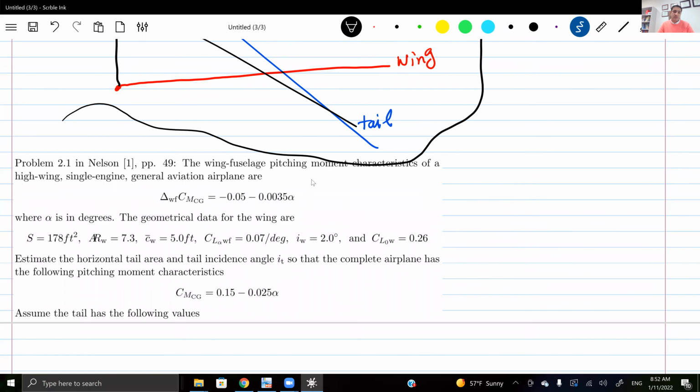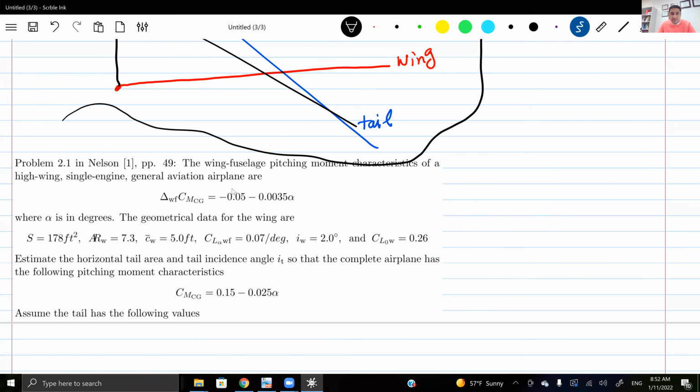But we're trying to focus on the more important things. So for this problem, we're given the two contributions together, the wing and fuselage, which is the body of the airplane. So this is the CM CG of the wing and fuselage.